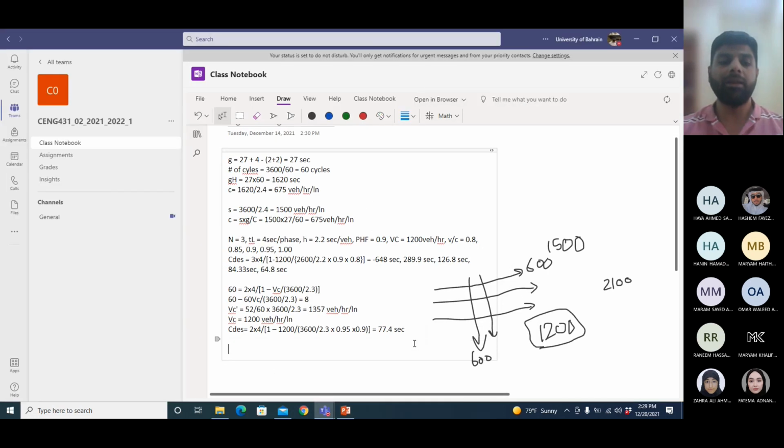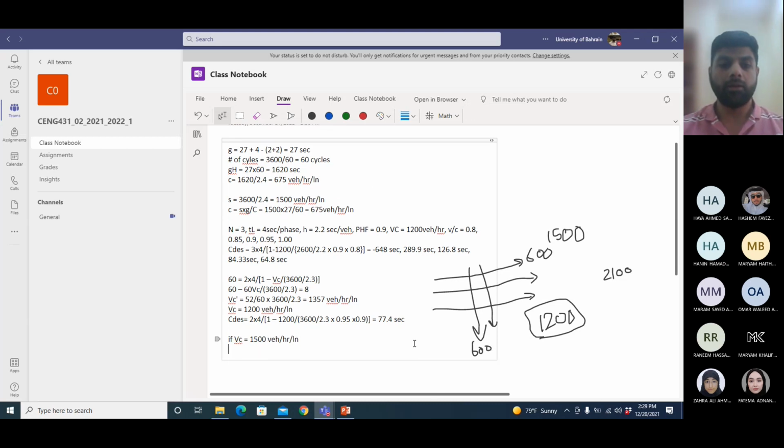So what will happen if VC is 1500? How much will C desirable be then? Now the number of lanes is fixed, so obviously VC became fixed. I cannot change it now.